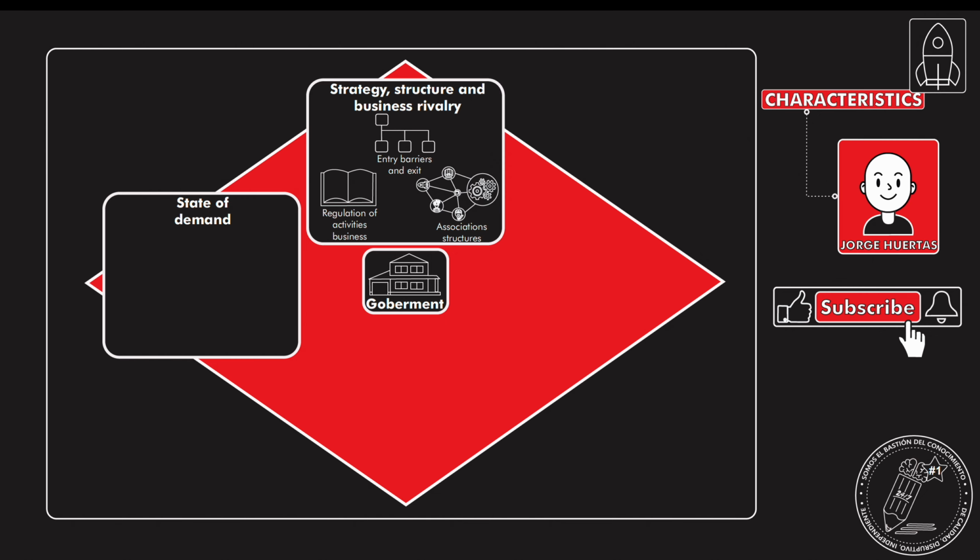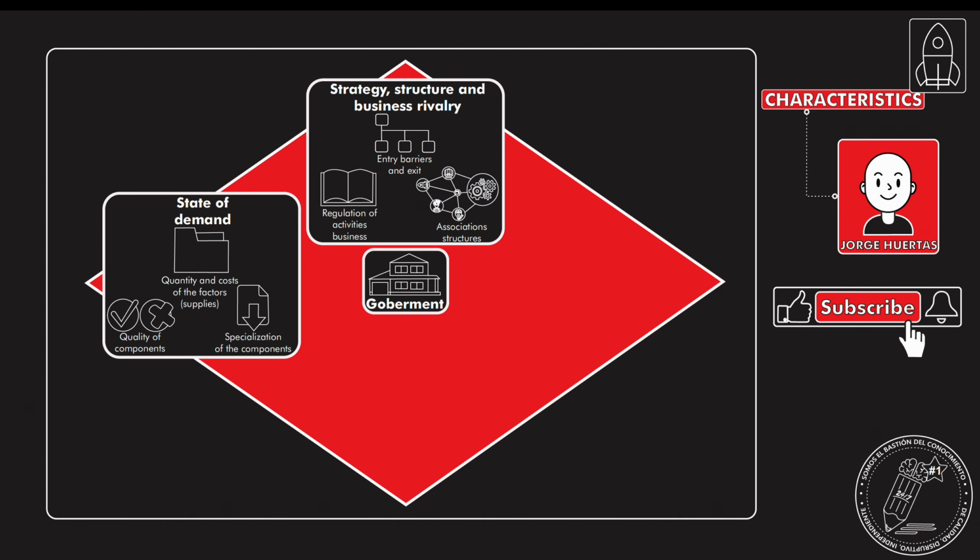After that, you need to know the state of demand of your product or your service in that country or in that area. Of course, you need to know the quantity and cost of the supplies. That is extremely important. You need to know the quality of components and supplies, and the specialization of the components and supplies.